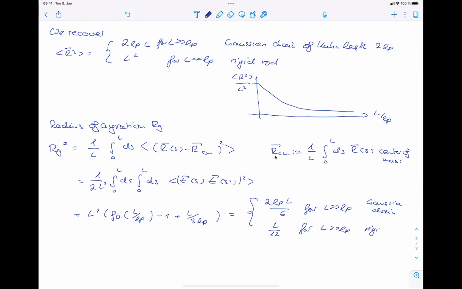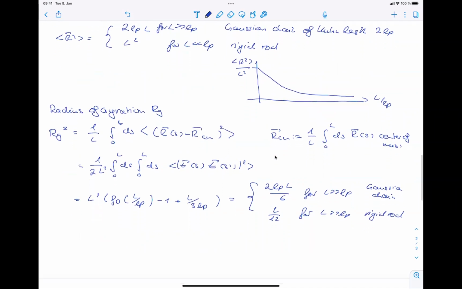And then this prefactor: if you think in diameters, you would expect the diameter of L/2, right? So this correction factor of 6 is due to taking the average distance of a rod with respect to its center of mass.